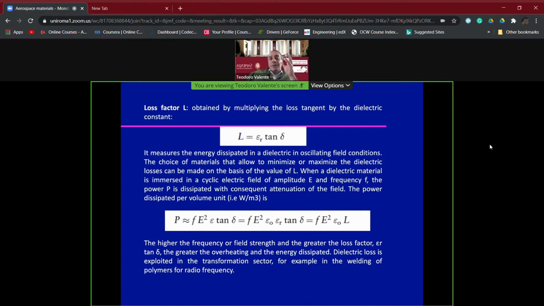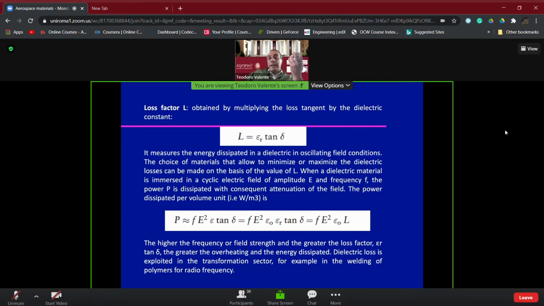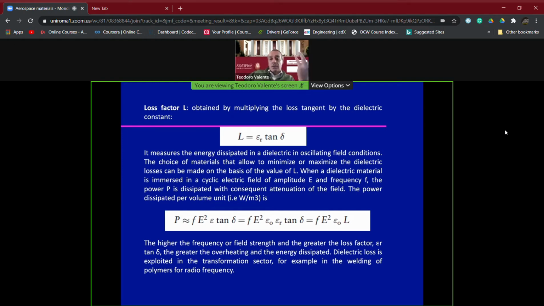This quantity, L, the loss factor, gives us a measure of the energy dissipated by dielectric materials in oscillating field conditions, that is, its power loss.